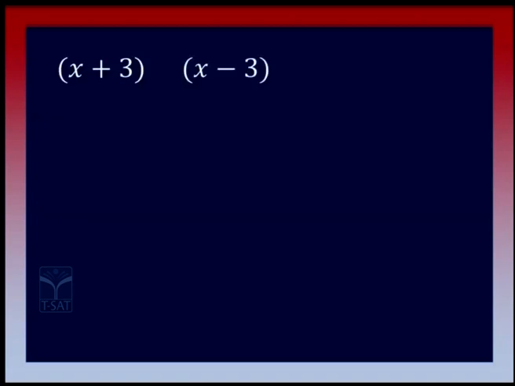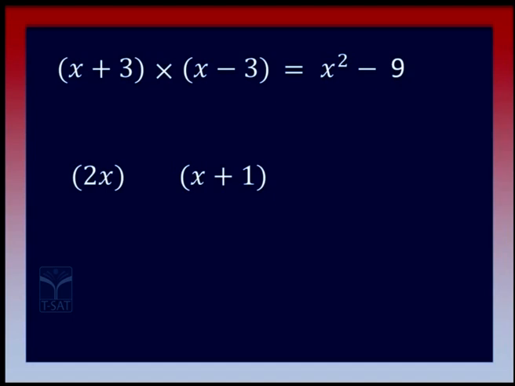There are two mathematical expressions, x plus 3 and x minus 3. What do you get if you multiply these two mathematical expressions? Yes, that is x square minus 9, which you have already learned in the previous chapter, algebraic expressions. Similarly, let us take 2x and x plus 1.